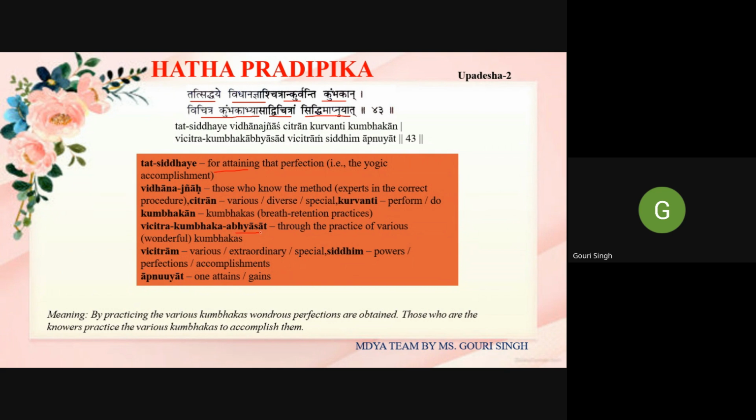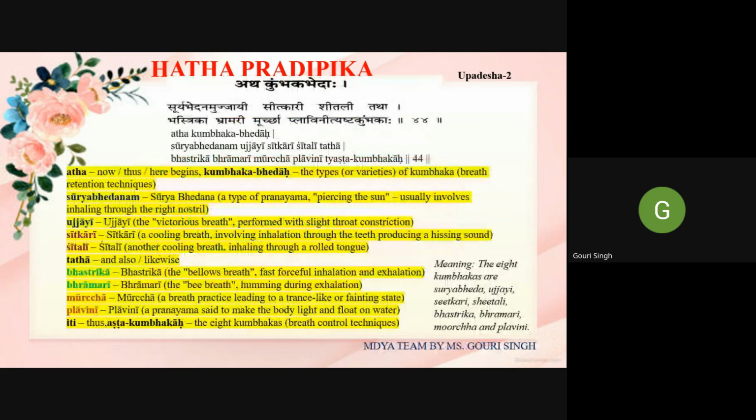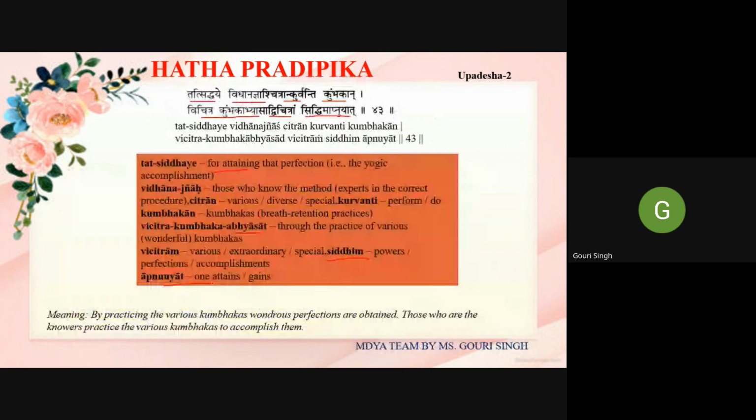Vichitra means different types of kumbhakas that need to be practiced, and only then does that person attain the siddhi. That means one attains siddhi when applying different types of kumbhakas. What those kumbhakas are, we will discuss in the next class.